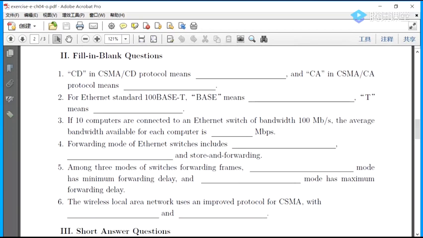Then continue to the fill-in-the-blank questions.